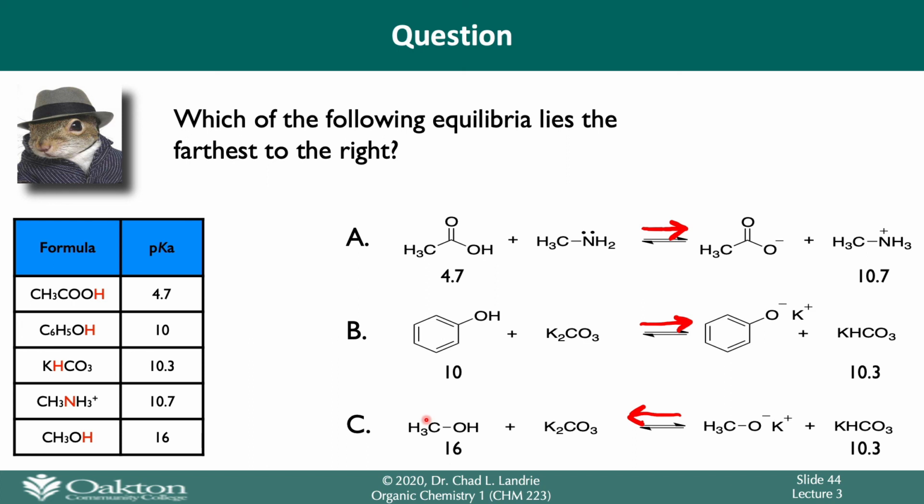Without doing any math, I can clearly see that the difference between 4.7 and 10.7 is much bigger than the difference between 10 and 10.3. And so therefore I can conclude that A lies furthest to the right. And if you don't believe or trust or understand that analysis, go ahead and just calculate the KEQ. That's always a guaranteed way to compare reactions to each other.